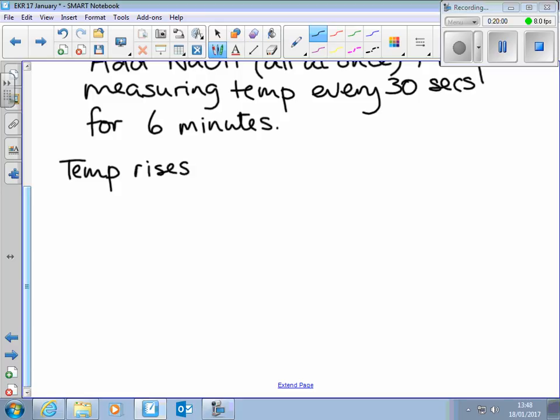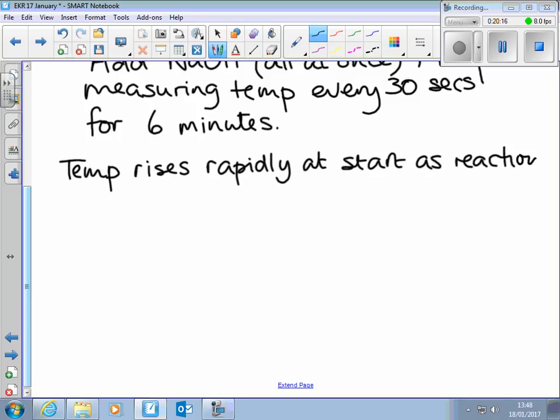rapidly. For this particular reaction, it rises, it's an exothermic one, it gives out heat. So it rises rapidly at the start, as the reaction gives out heat.